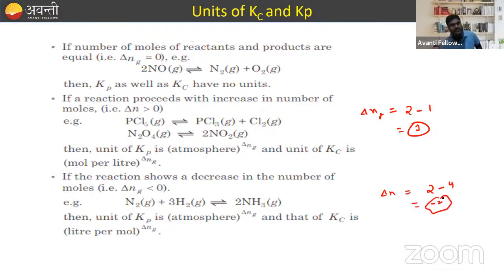So if the reaction shows a decrease in the number of moles, then Kp is calculated in atm to the power delta Ng, and Kc in liter per mole to the power delta Ng. Just remember, in case of decrease the value is negative, and in case of increase the value becomes positive.